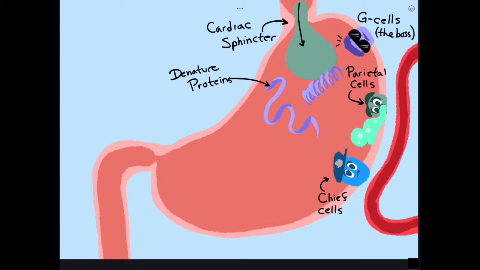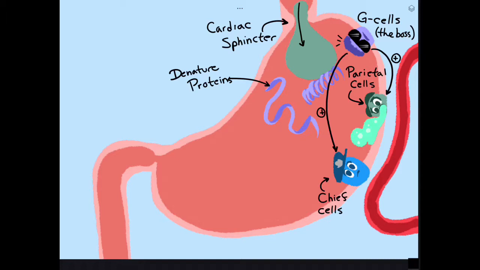So the presence of food is going to activate our G cells, which secrete a hormone called gastrin. So our G cells are going to secrete gastrin into the blood. And that gastrin is going to go on to promote the activity of our parietal cells and our chief cells.